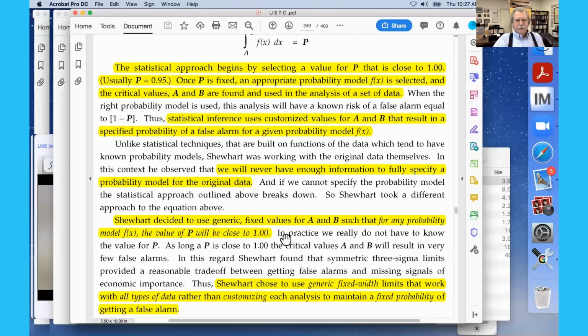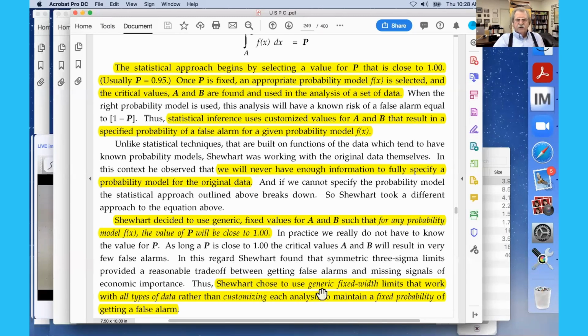As long as it's reasonably close to 1, the values A and B will result in very few false alarms. In this regard, Shewhart found that symmetric 3 sigma limits provided a reasonable trade-off between getting false alarms and missing signals of economic importance. Or I should say, and finding signals of economic importance, whichever way you want to put it.